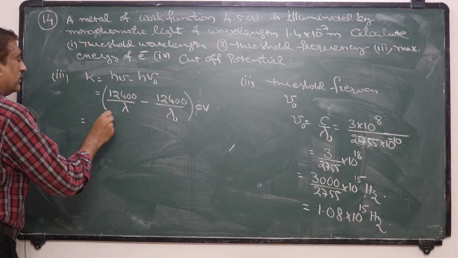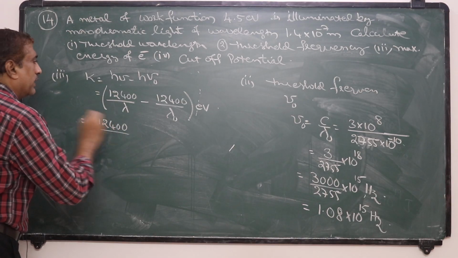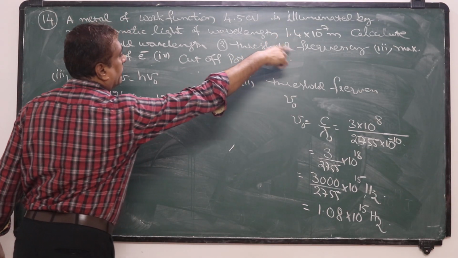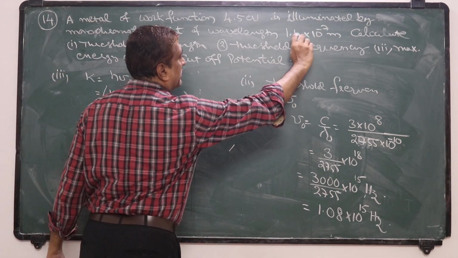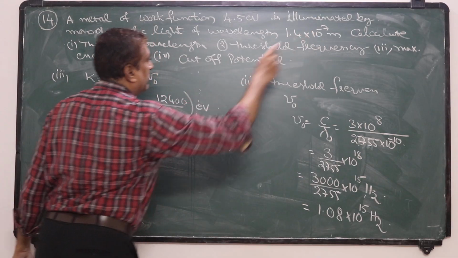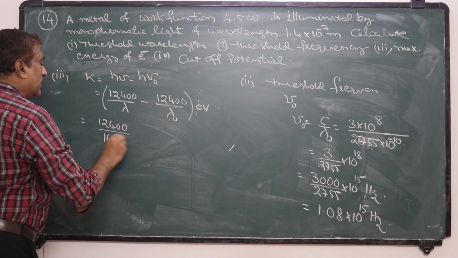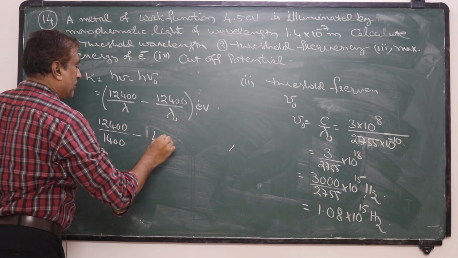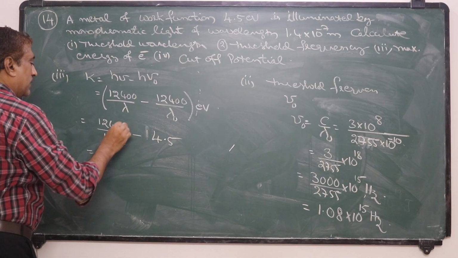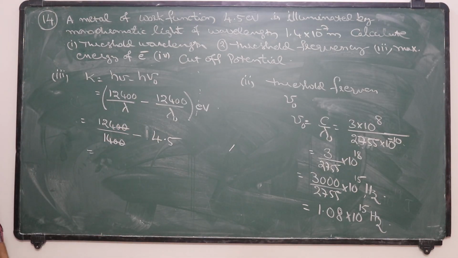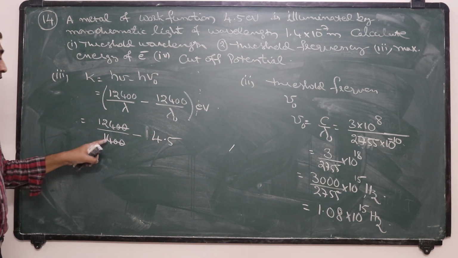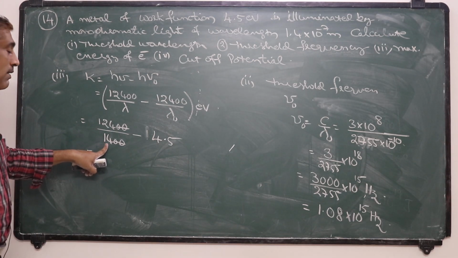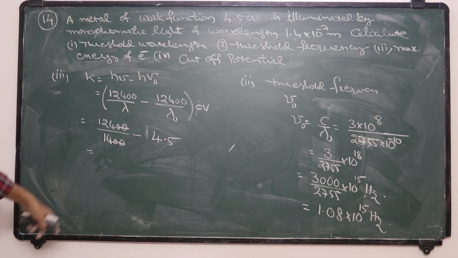So this is 12400 by the given wavelength, which in Angstrom is 1400, minus 4.5.